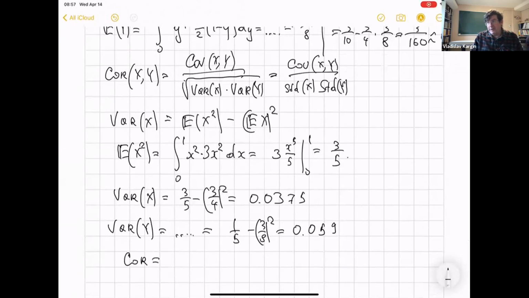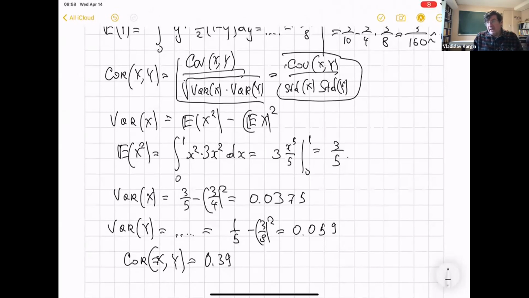Using this formula, plug in the numbers, and you'll find that the correlation of x and y is equal to 0.397.